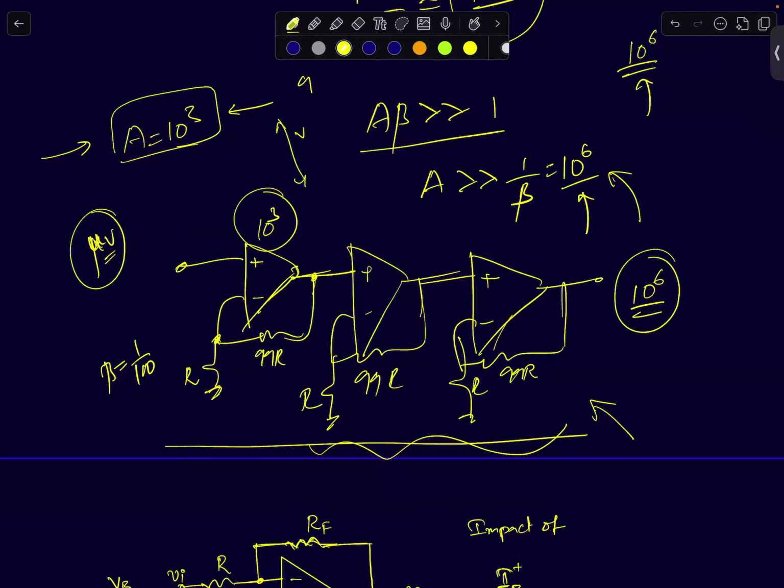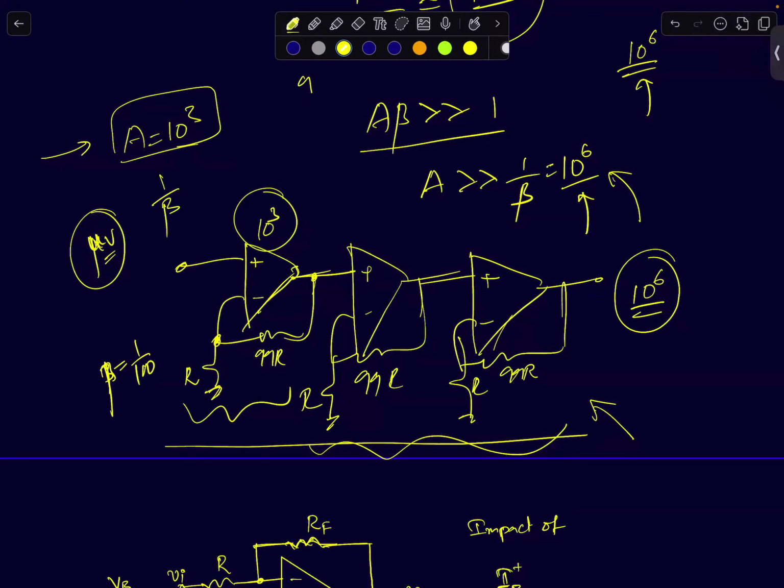The important takeaway that I'm trying to make here is that if you have to build a very high gain in a single stage, which means your beta has to be very low, right? If your beta is very low, then 1 by beta will be very high.